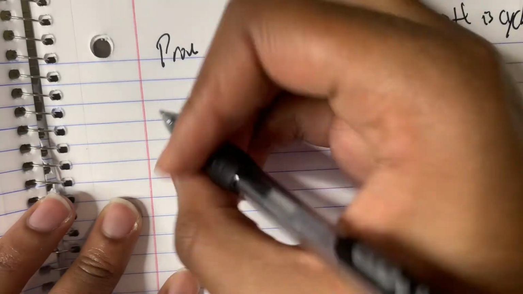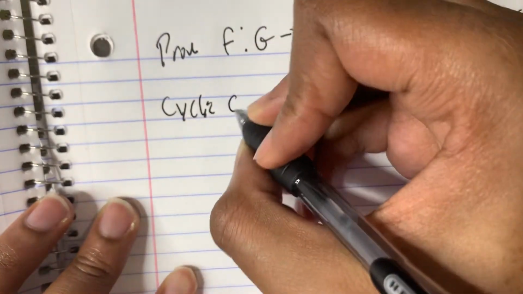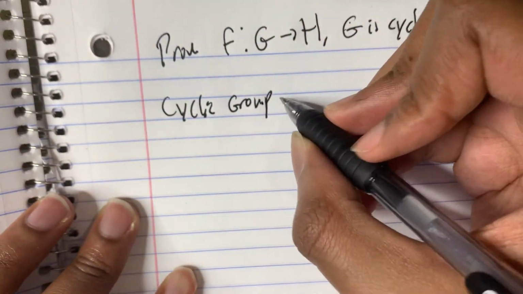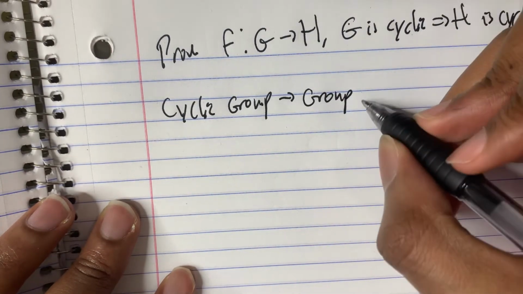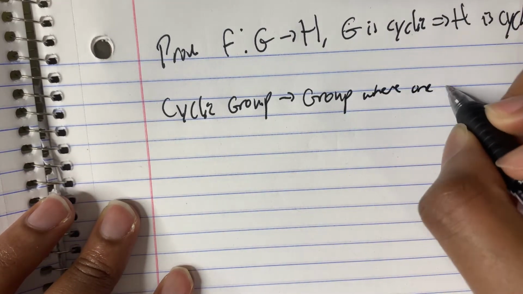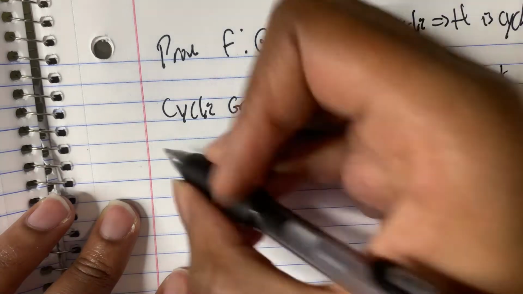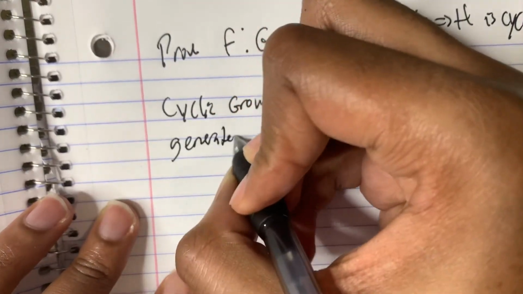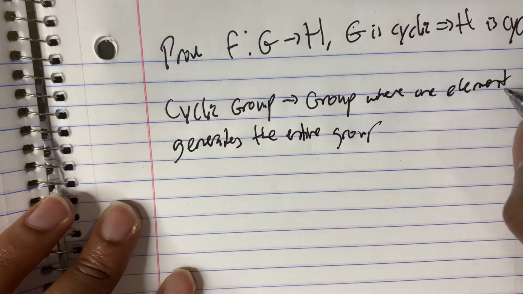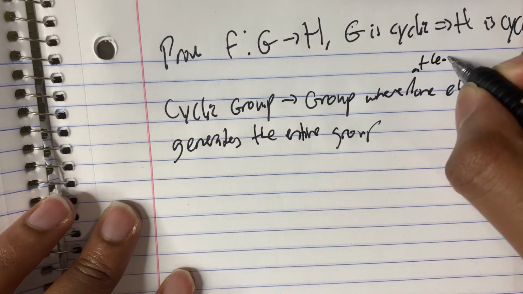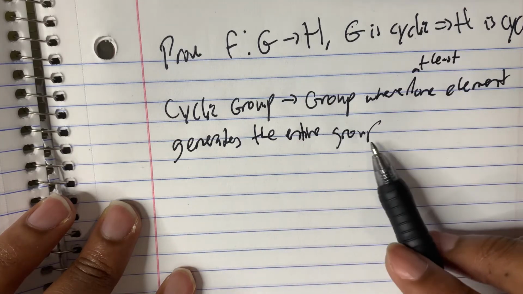Well, a cyclic group is defined as a group where at least one element generates the entire group.